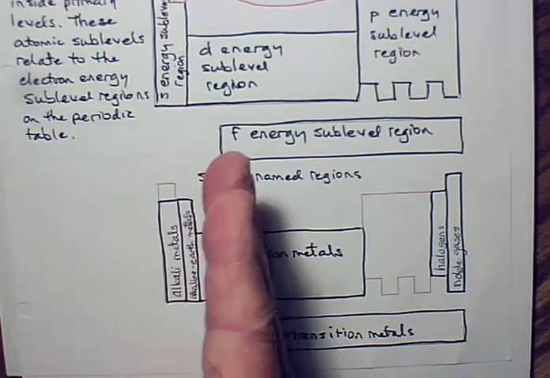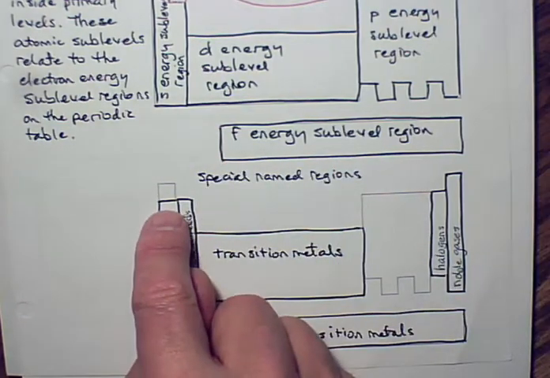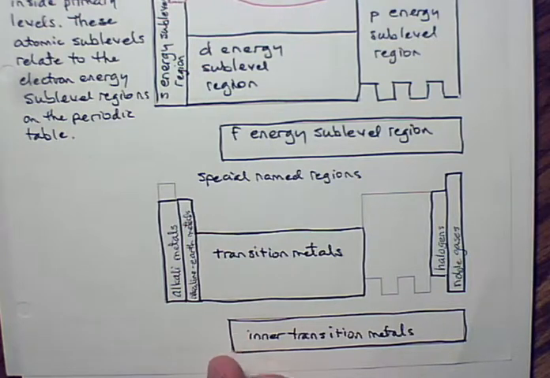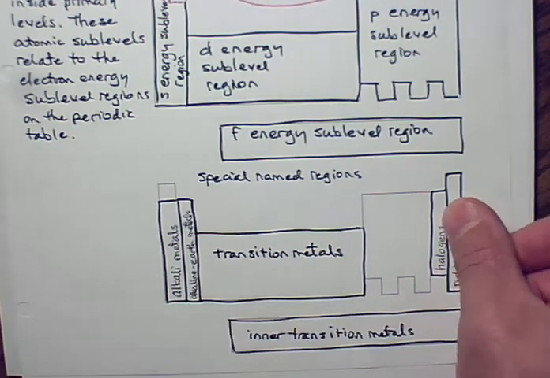This first column, because all columns are either called families or groups, but what we identify as the alkali metals does not include hydrogen. Then the second column, all those together are the alkaline earth metals. This is alkali metals and alkaline with an N-E on the end. Alkaline earth metals. This whole section here is transition metals.